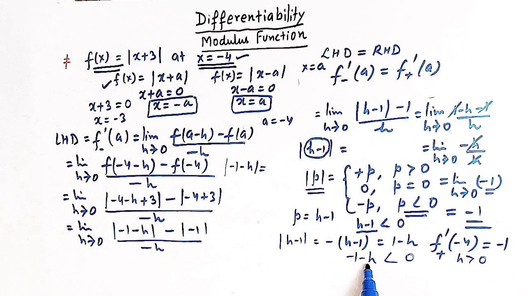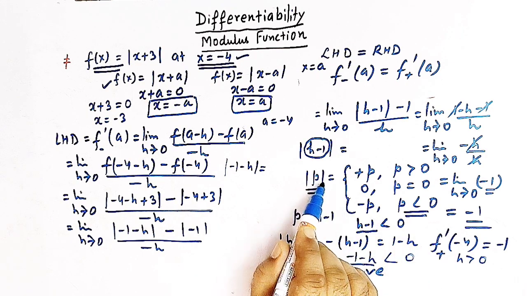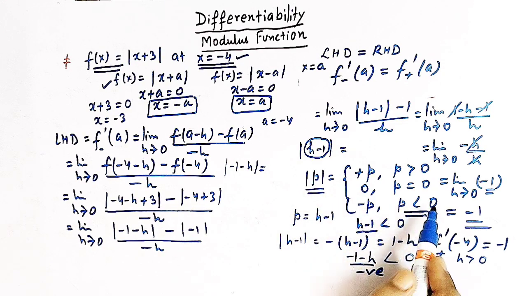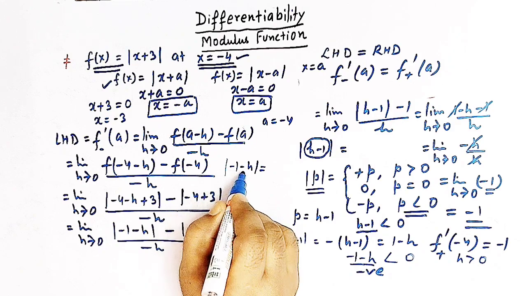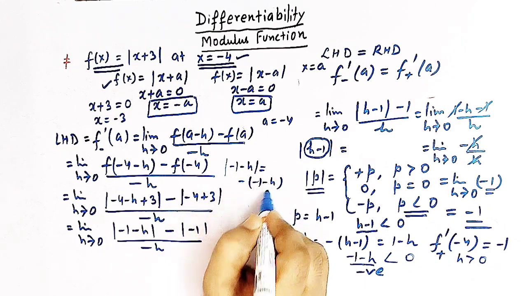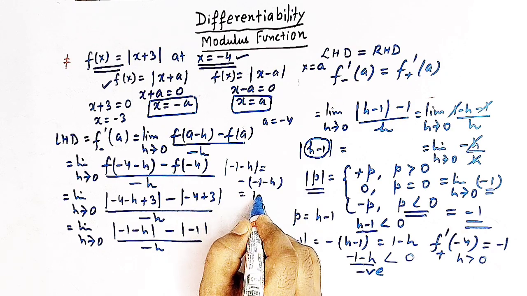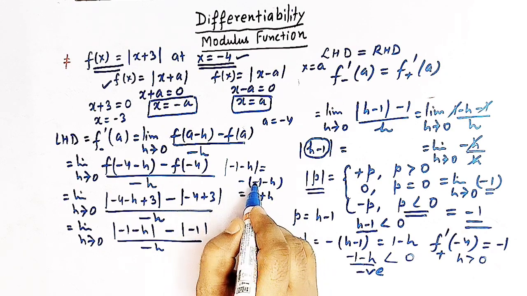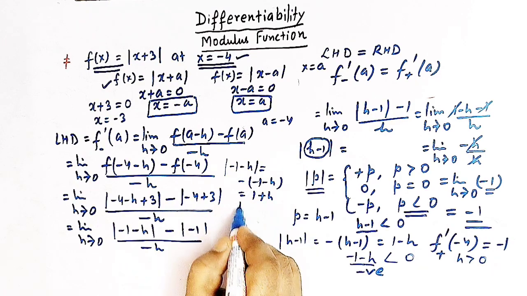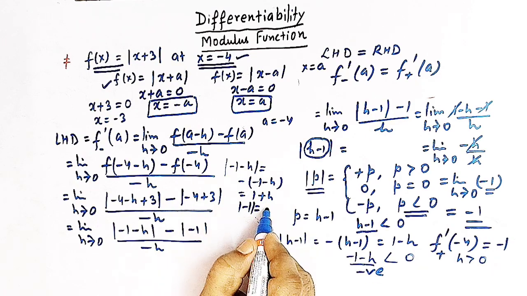So minus 1 minus h is less than 0, that is, this quantity is negative. So again mod of p is equal to negative p when p is less than 0. So mod of minus 1 minus h is equal to negative of minus 1 minus h, which is 1 plus h. Minus minus is plus, right? So mod of minus 1 is equal to 1.